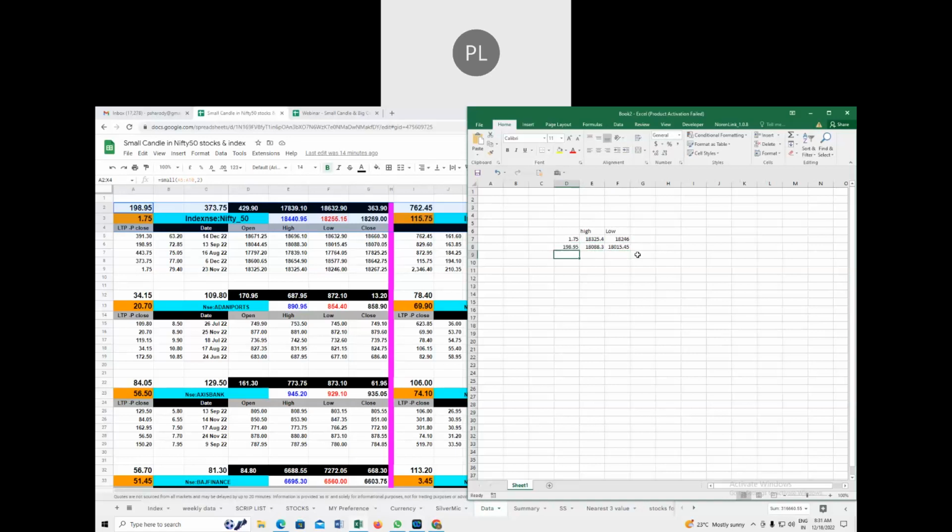Now the third candle is 373.75, then 391.30 and then 443.75.